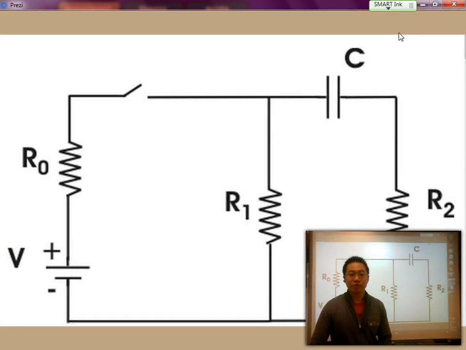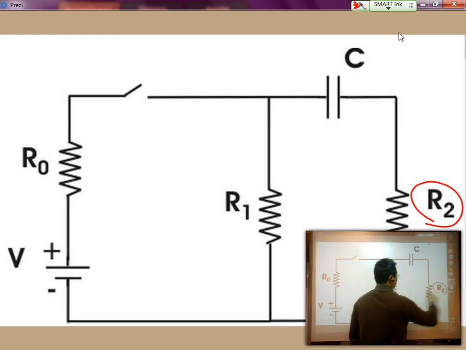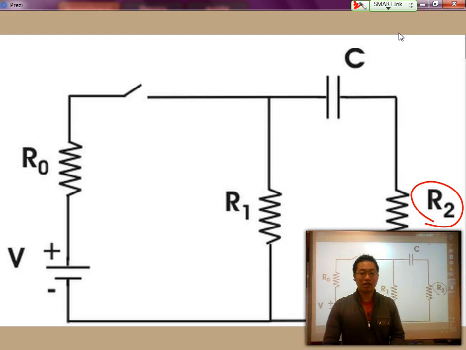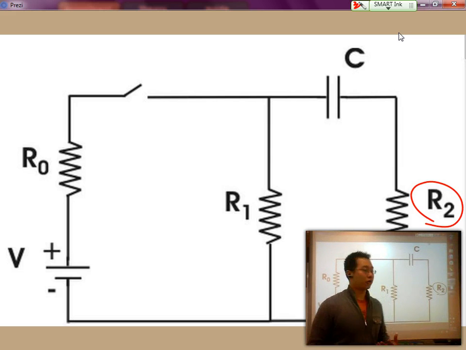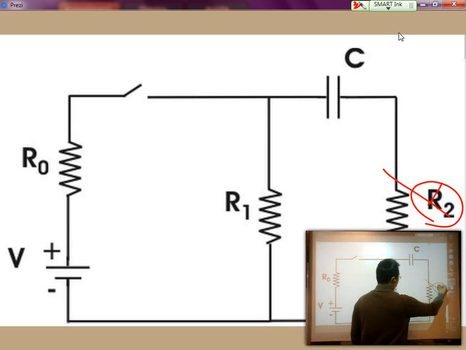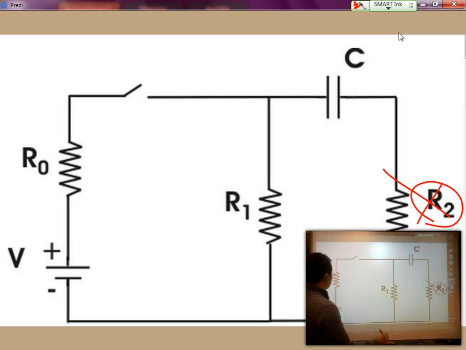In this example, it's very similar to the one before, except that now the capacitor branch is also connected to R2. R2 would initially be on, R1 would be dimmer because it's sharing current with R2, but after a long time, R2 would simply turn off, and this would become a series circuit also.